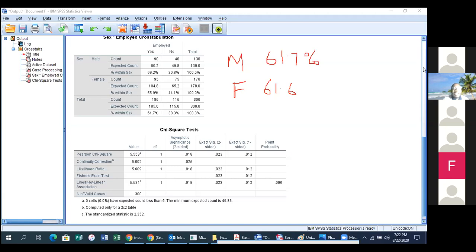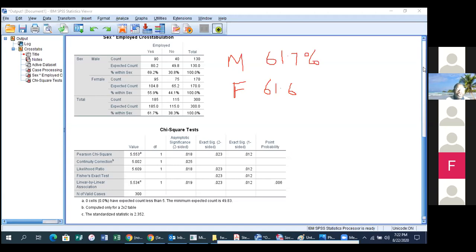And we have explained also how you interpret your result, using the row percentage. You have 69.2 and 30.8, which gives you 100%.